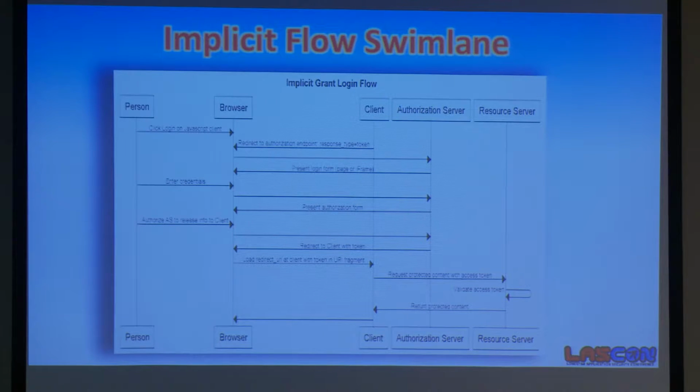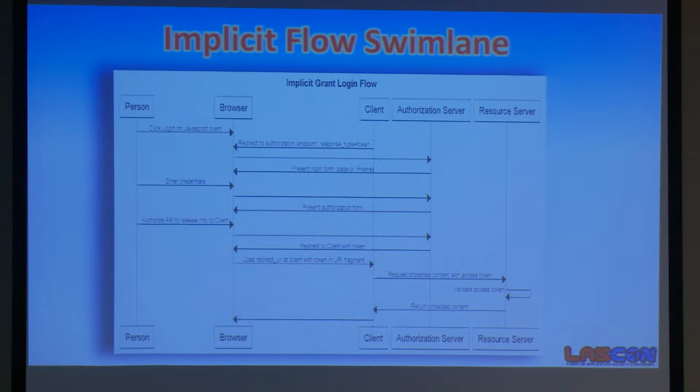So basically, the person is redirected to the OP, to the authorization server. The person authorizes. The authorization server returns the token to the client. So this flow is really only appropriate for JavaScript clients in the browser.